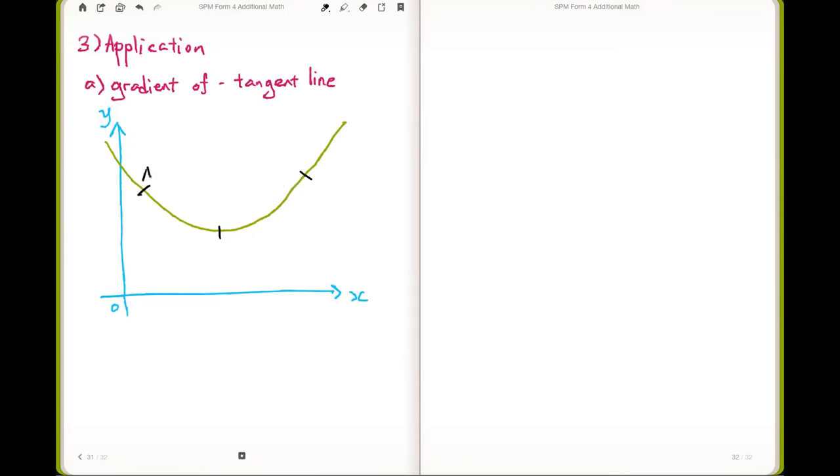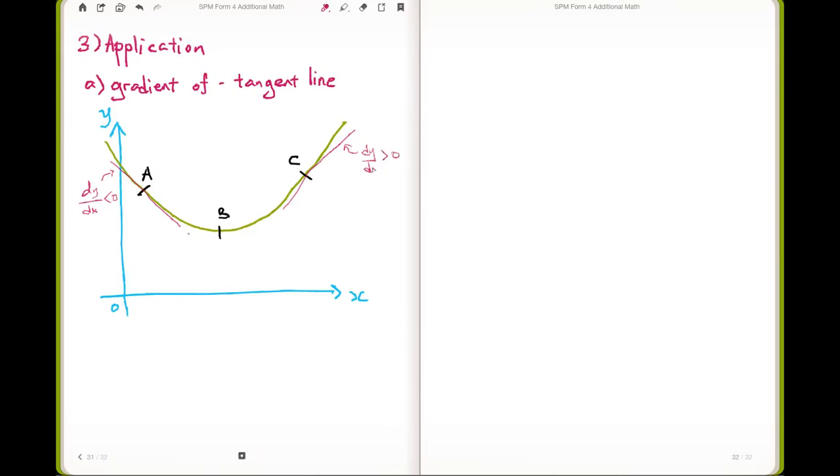Say, the gradient at point A compared with the gradient at point B and at point C. The gradient, meaning the line that touches at 90 degrees at this particular point A, is a negative value as compared to C. Here your dy over dx would be less than 0, whereas here dy over dx is more than 0.